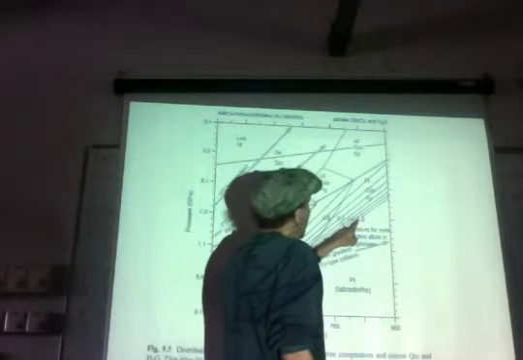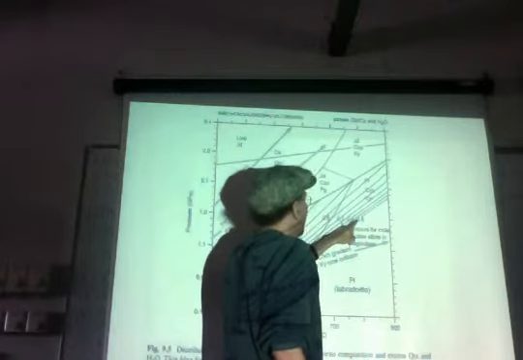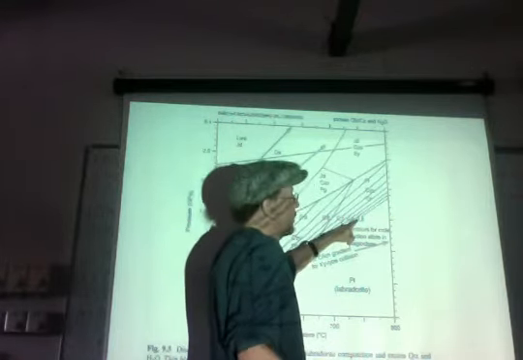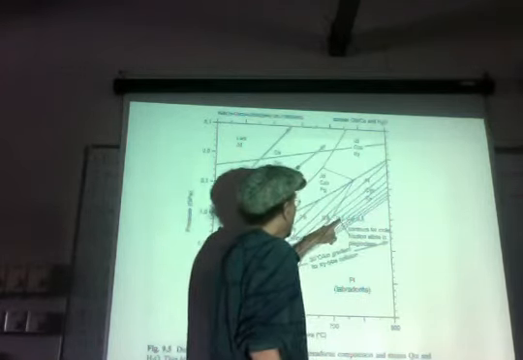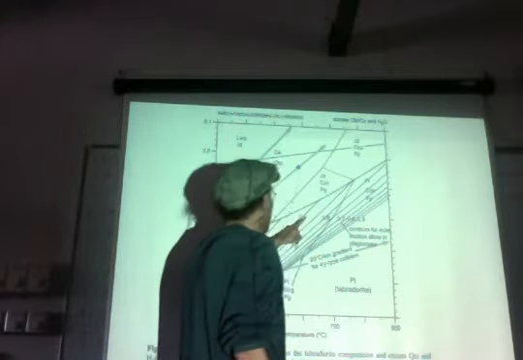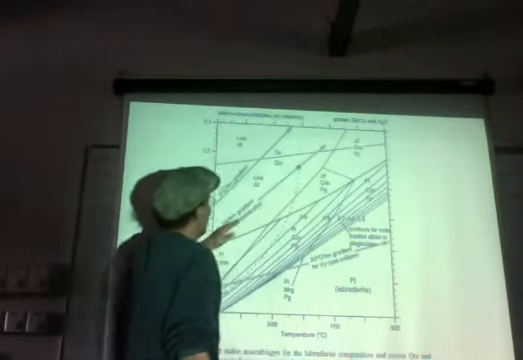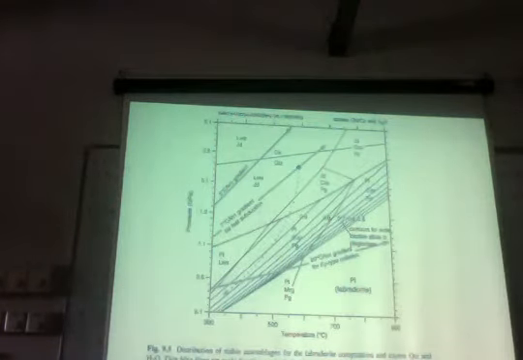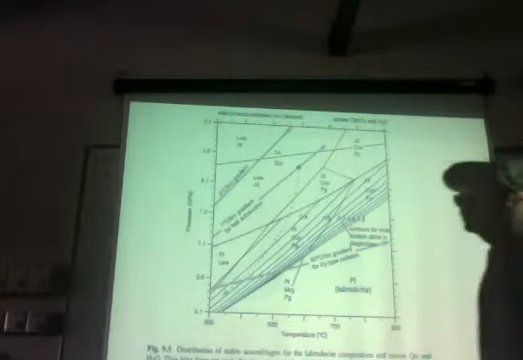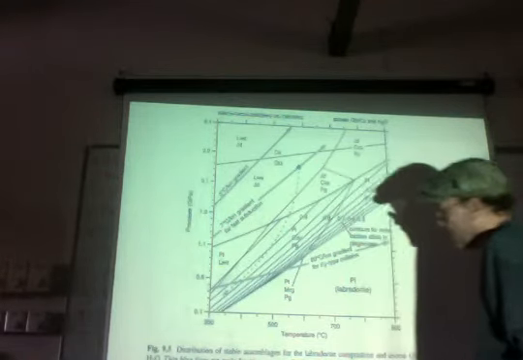So that means we have here a plagioclase which has 50% sodium and 50% calcium. Here we have 60% sodium, 70% sodium, 80% sodium, 90% sodium. So if we are looking here at this PT path, that is for a fast subduction, we are dealing with a subduction zone, and in this subduction zone we will have a plagioclase with a higher sodium concentration.